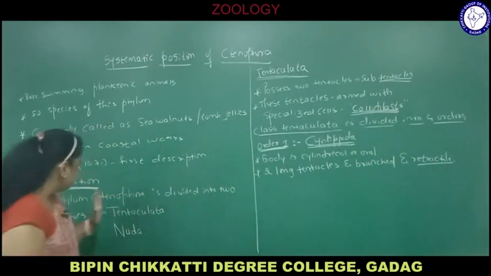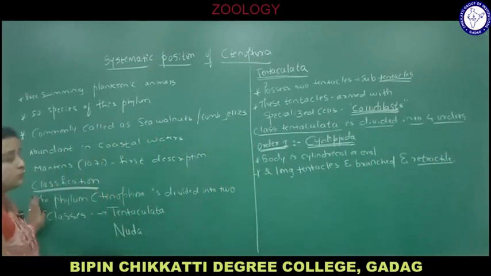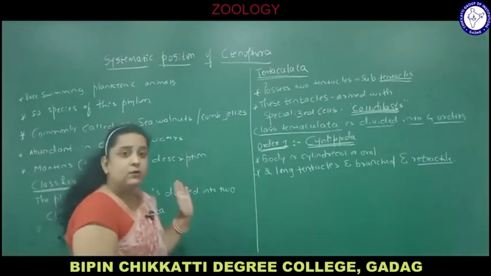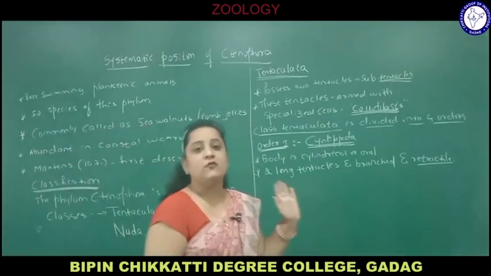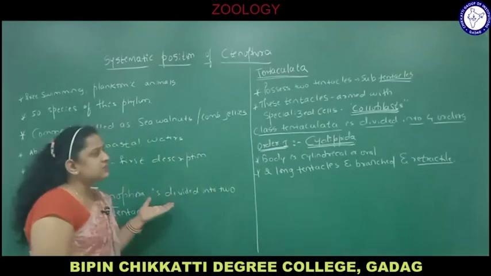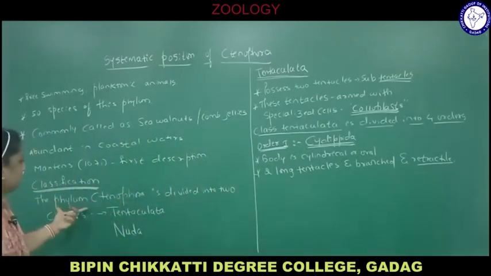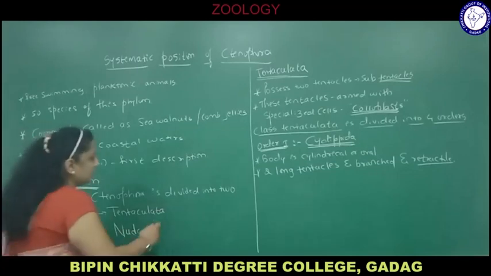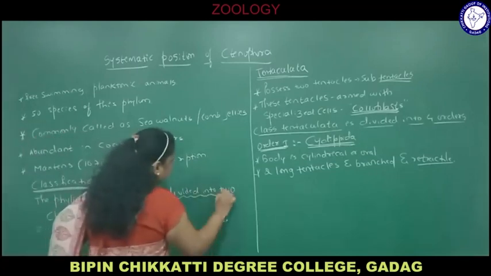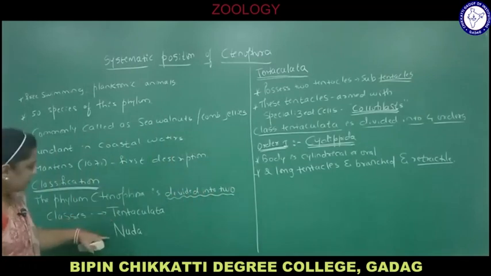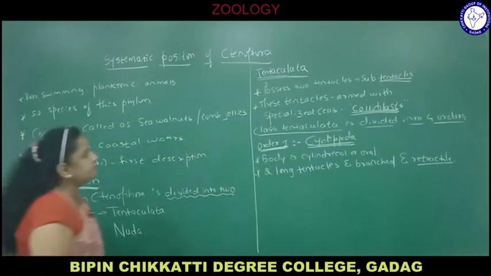So once again, coming to the classification. See students, you have to concentrate more on the classification. In today's session we are discussing only the classification of phylum Ctenophora. As it is a very small phylum, only 2 classes are there. Class 1 is Tentaculata and class 2 is Nuda.